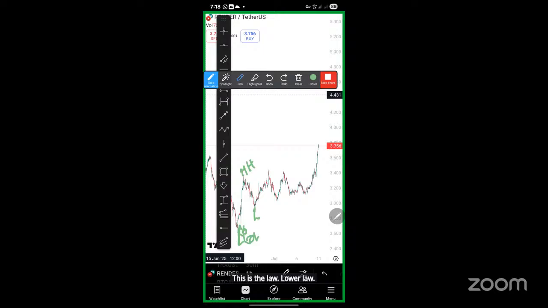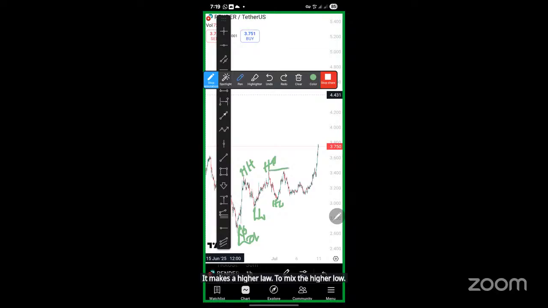This is a high, higher high. Market comes down, it makes a lower low. It comes here, it has broken structure here. It is a bit up, but it makes a higher high. It comes here, it makes a higher low.